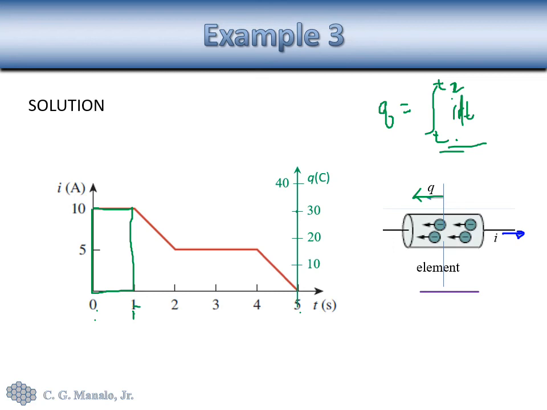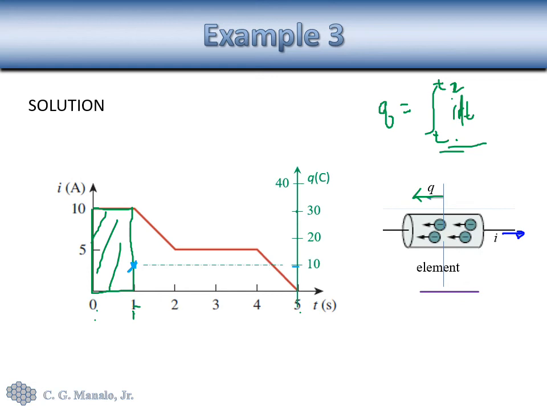Okay, so therefore to get the Q after 1 second, we simply get this area, somewhere here, and that is equal to 10 times 1 second. So that will give us 10 coulombs here.